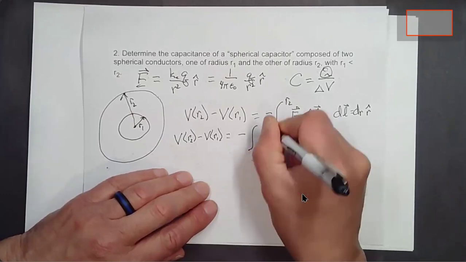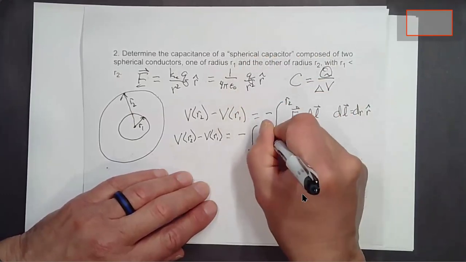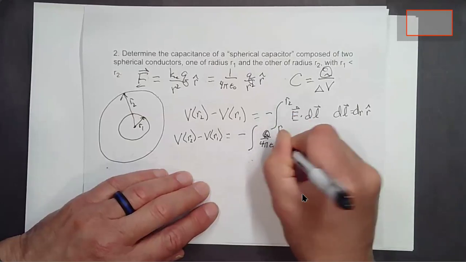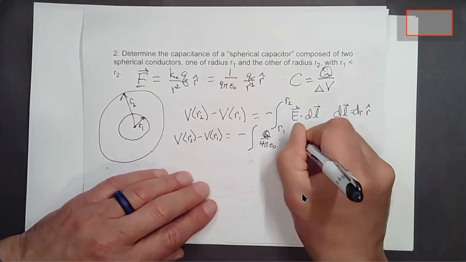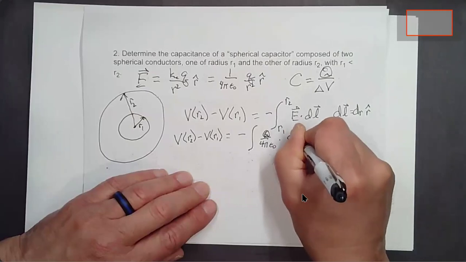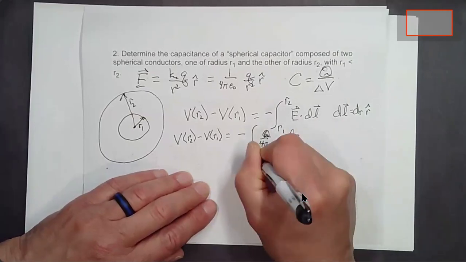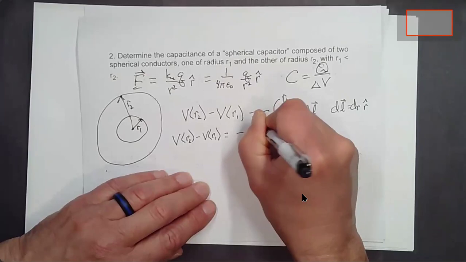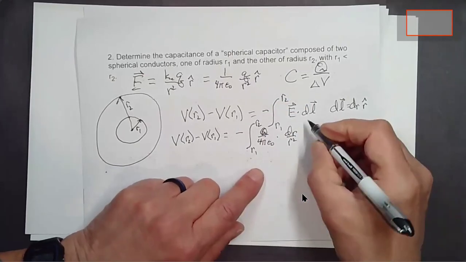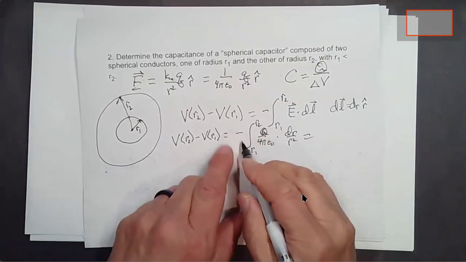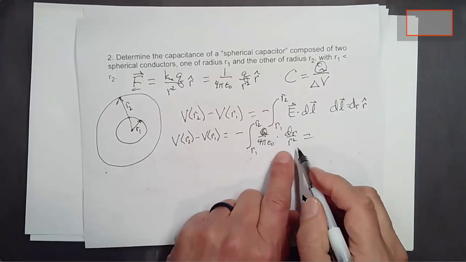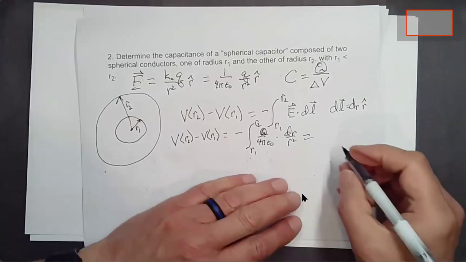In fact, I'm going to change that to a capital Q and stick it on top of that. And then I'll have just dr over R squared. And my limits, R1 and R2, things are getting crowded. But this gets yanked outside the integral, and the only thing I'm integrating is dr over R squared.